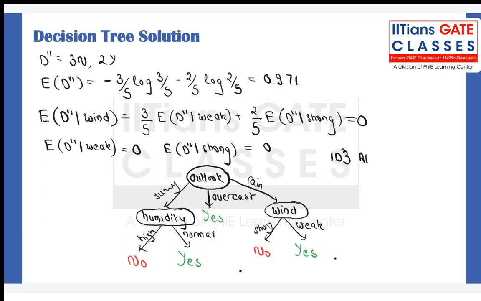There is one more algorithm called CART, classification and regression trees. The only difference between these two algorithms is that the CART tree uses the Gini index or Gini impurity as the impurity function rather than the entropy.